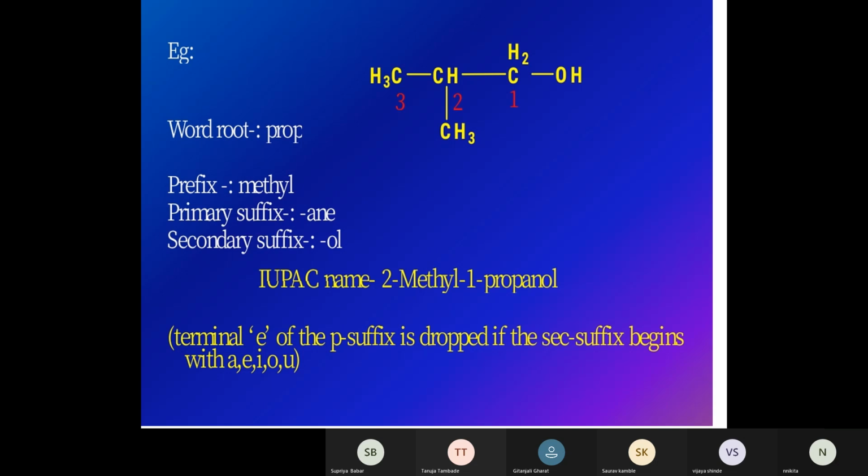So the prefix is used at the start, before the word root. Prefixes are normally the substituents present. So here, the CH3 is the methyl group.